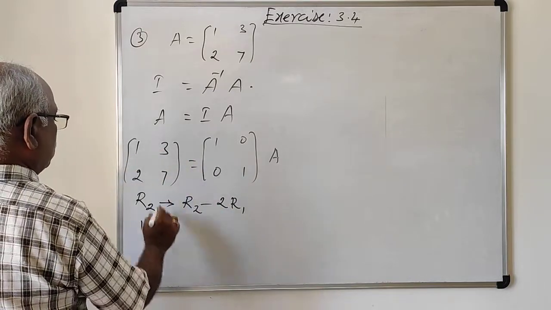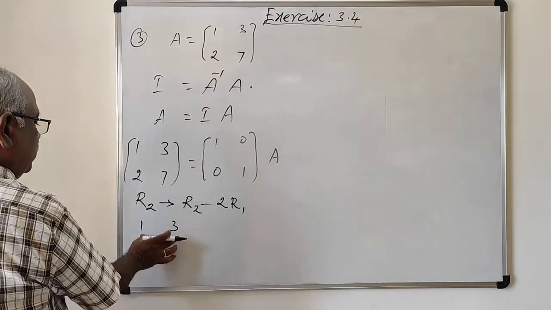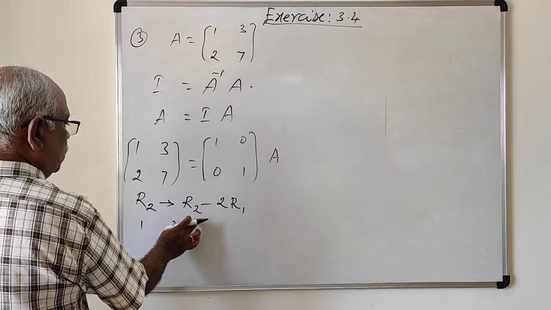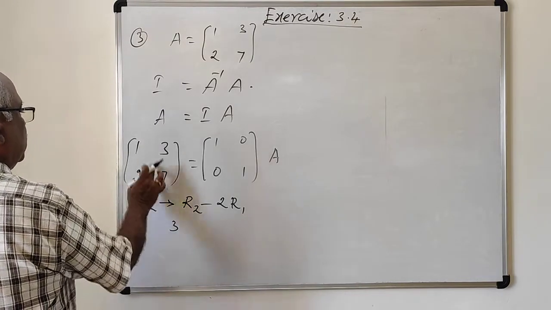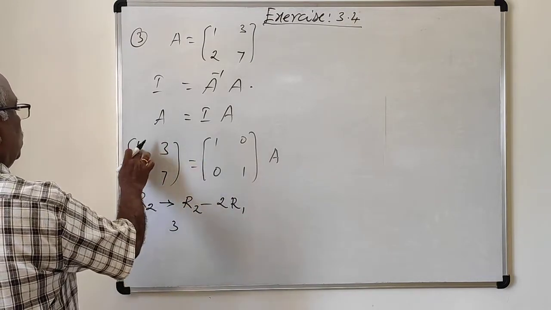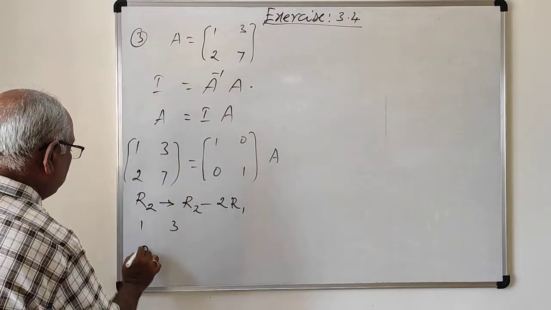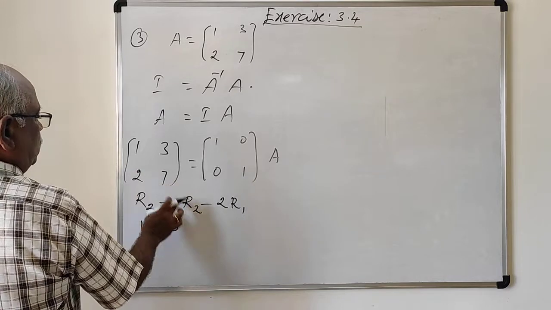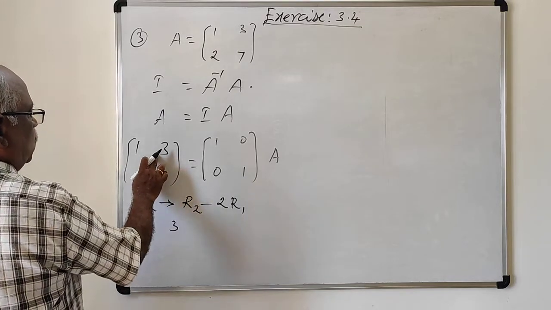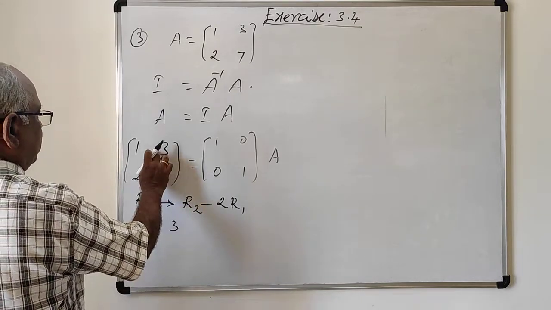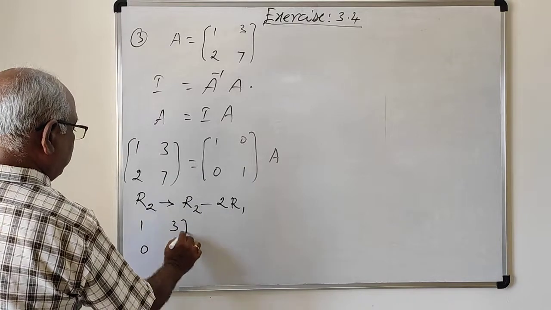The first row, 1, 3, is not affected because we are operating on the second row. 2 into 1 is 2, 2 minus 2 is 0. And 2 into 3 is 6, 7 minus 6 is 1.